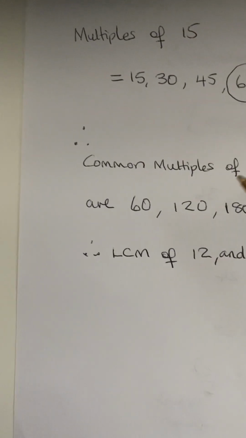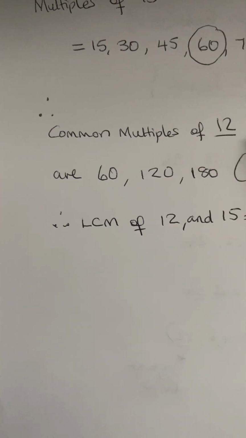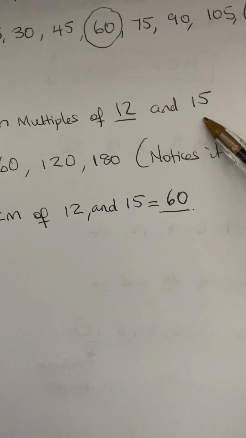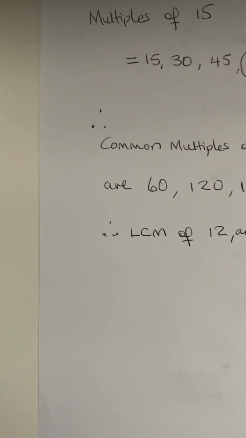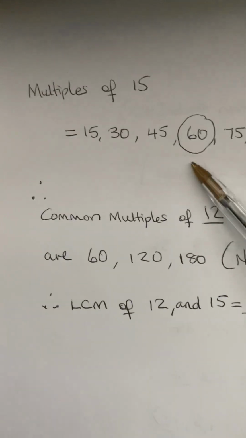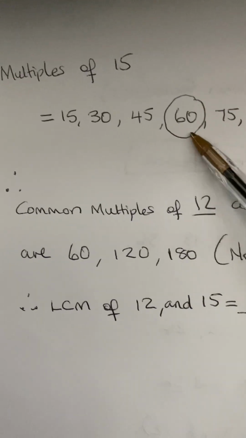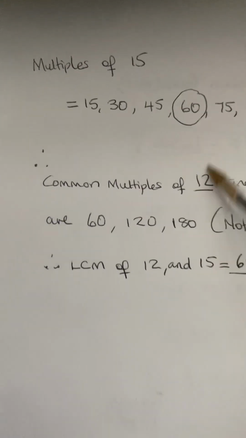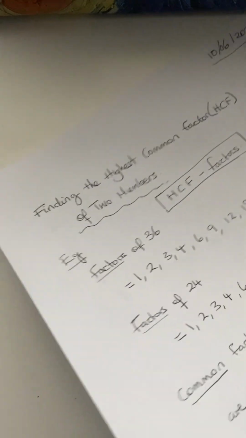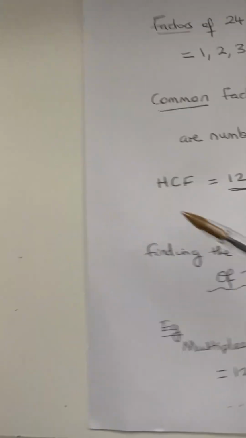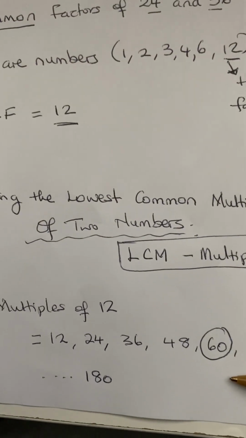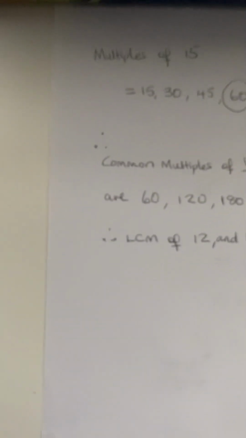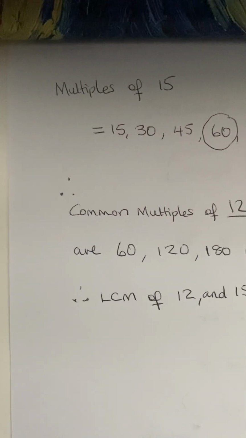Now the common multiples of 12 and 15 are, if you look at both lists, you have 60 for multiples of 15, and you also have 60 for the multiples of 12. So that's the first lowest common multiple.